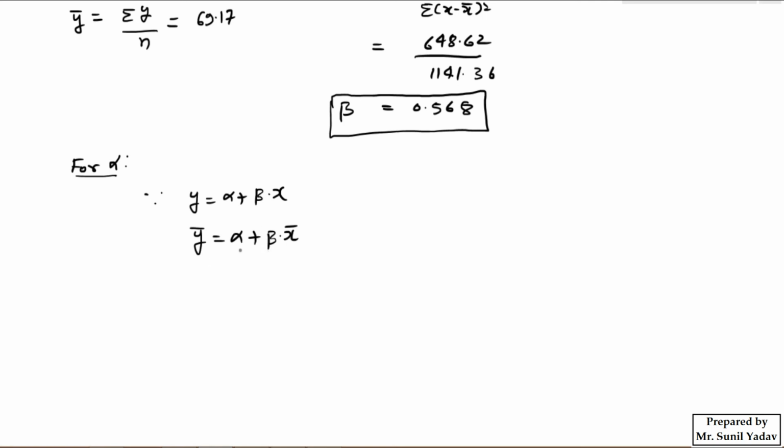So since here we can estimate alpha, alpha will be equal to y bar minus beta into x bar. So with the help of this formula we can estimate alpha.